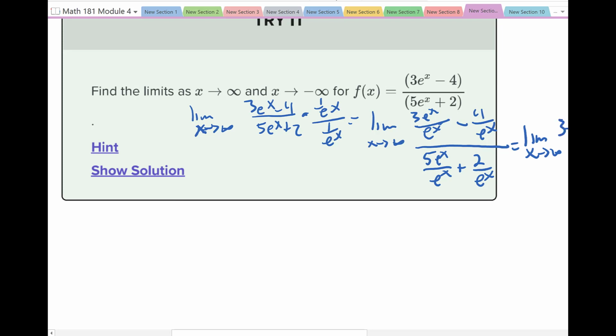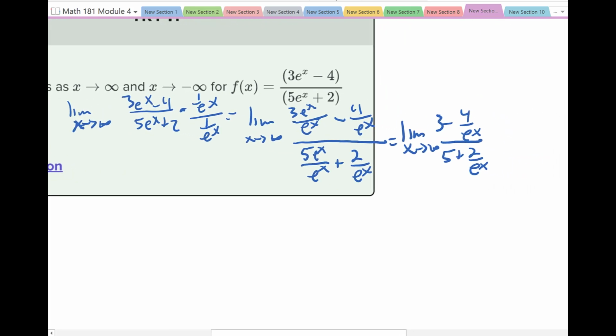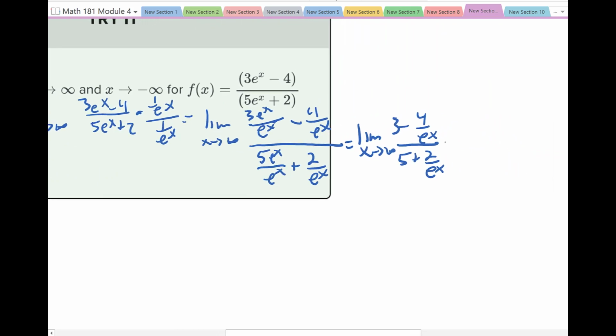So that's 3 minus 4 over e^x over 5 plus 2 over e^x. Oh, I'm straight out of the viewable zone. And that's going to give us essentially the limit as x goes to infinity. No, I don't need the limit anymore if I'm going to apply that. It's like saying 3 minus 4 over infinity over 5 plus 2 over infinity. So it's 3 minus 0 over 5 plus 0. So 3/5.